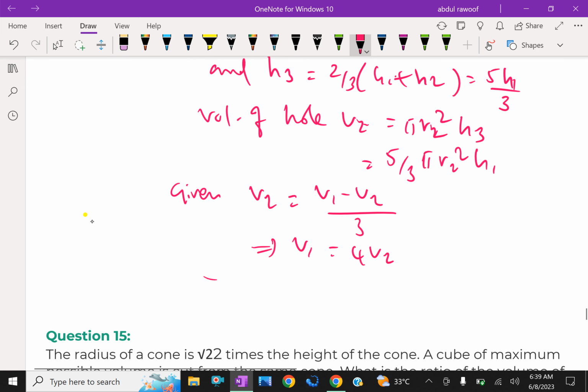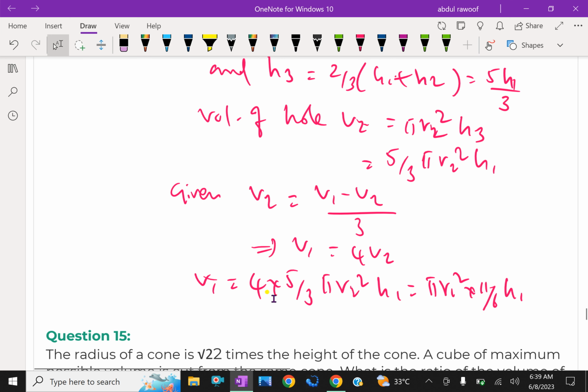Therefore, V1 equal 4 times V2, which is 5 by 3 pi R2 square H1, equal to pi R1 square into 11 by 6 H1. We are substituting 11 by 6 H1.